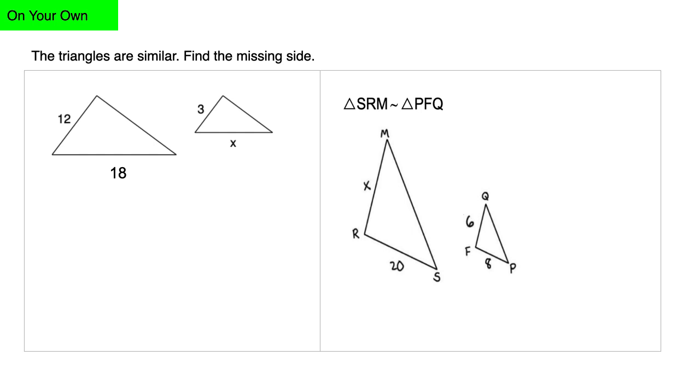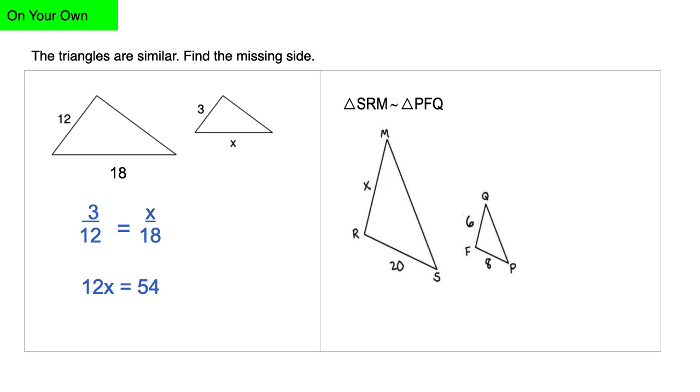So in this case, I actually wrote a proportion where I set the ratio of corresponding sides equal. And I said 3 over 12 is equal to x over 18. And then I decided to use cross products. So I multiplied 12 times x and set that equal to 18 times 3. 18 times 3 being 54. Now I did use a calculator.